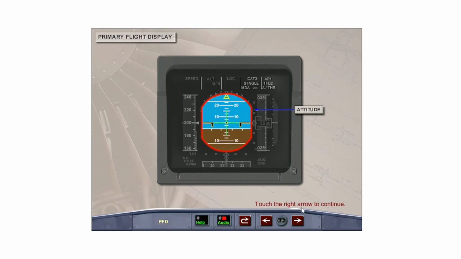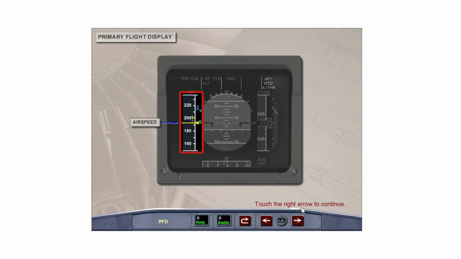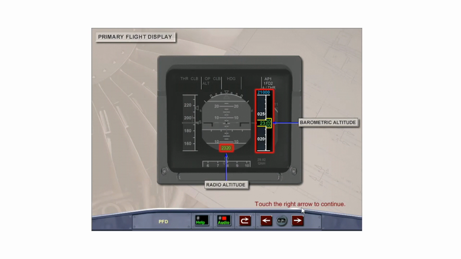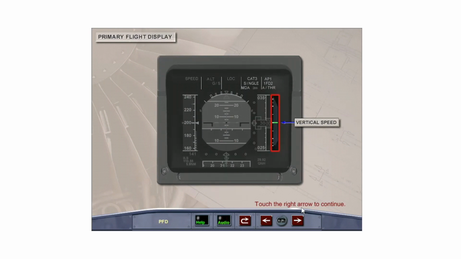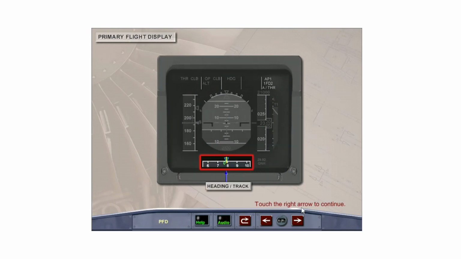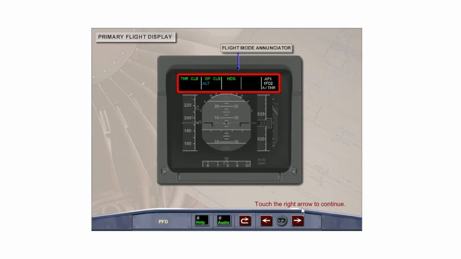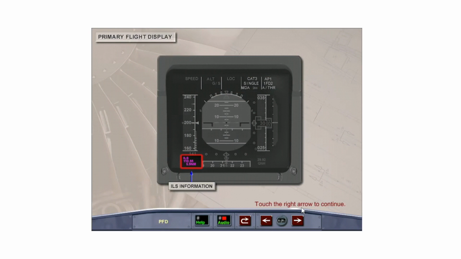The two primary flight display units display attitude information, guidance information through the flight directors, airspeed, altitude, both barometric and radio, vertical speed, heading and track, flight management guidance system modes through the flight mode annunciator, and ILS information.